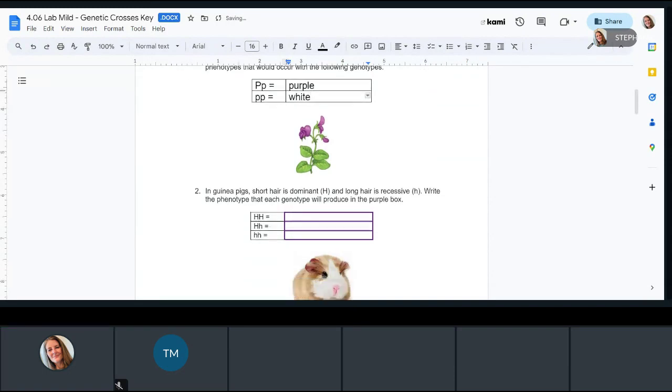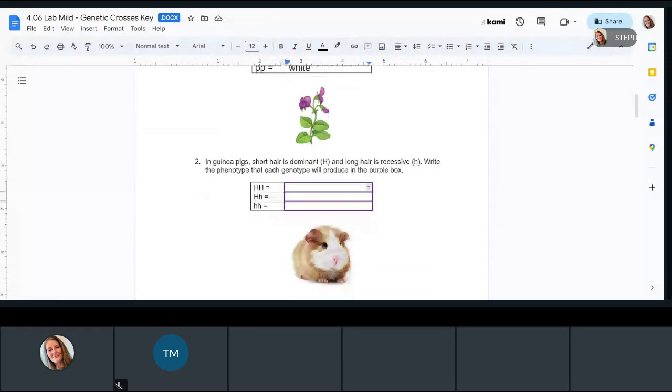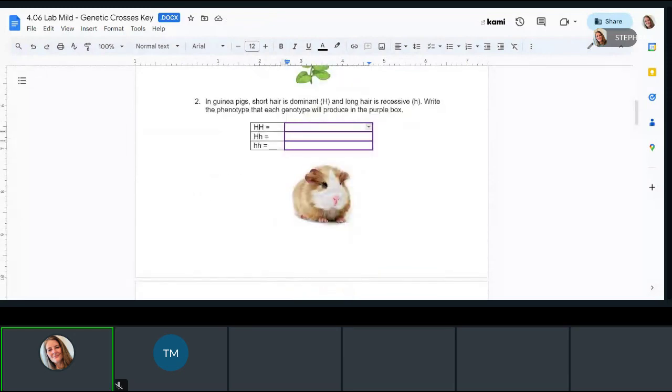Easy peasy, right? All right, now we're talking about guinea pigs. So short hair is dominant, big H, and long hair is recessive, little h. So here are genotypes right here in this column. What are our phenotypes going to be for each one of these? So we have big H, big H, big H, little h, little h, little h.